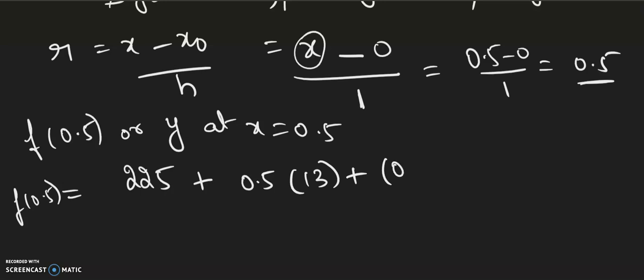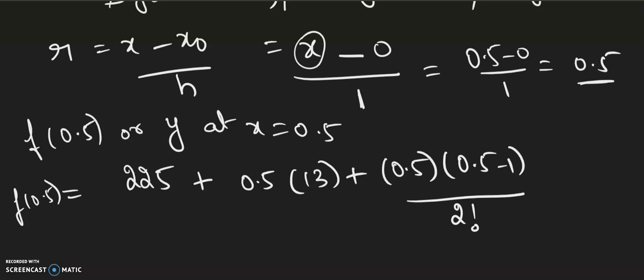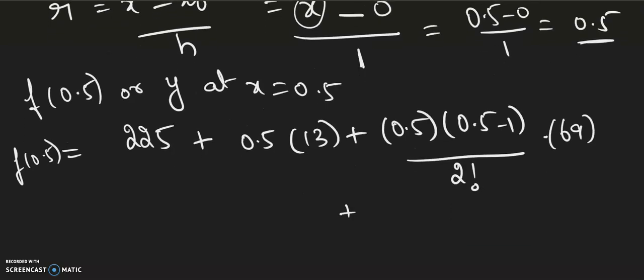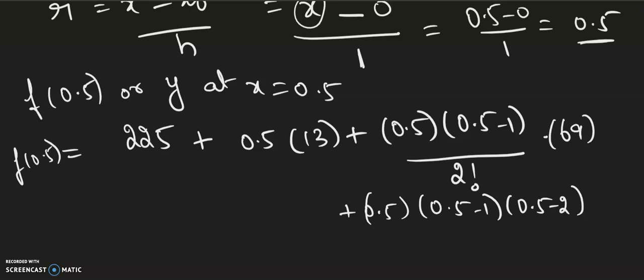Plus r into r minus 1, 0.5 into 0.5 minus 1, by 2 factorial, into delta square y0, which is 69. Then one more term: r into r minus 1 into r minus 2, divided by 3 factorial, into the corresponding value, minus 131.